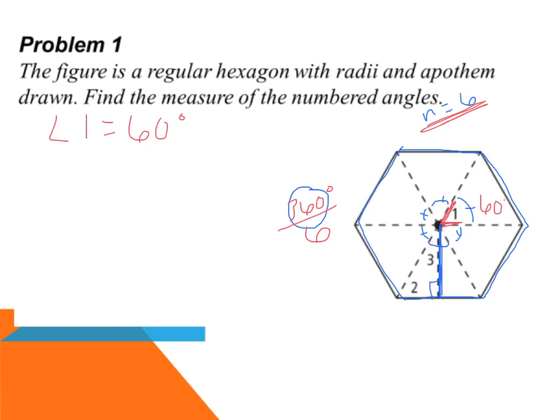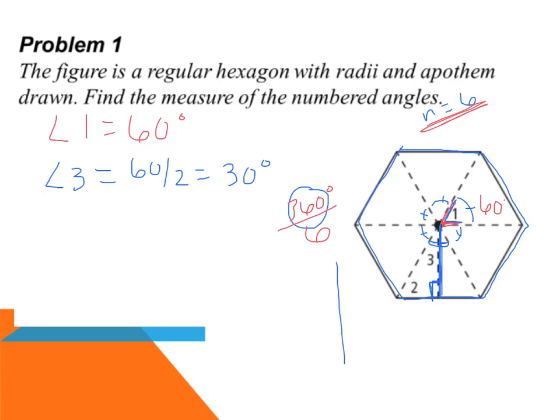That means it's going to create my 90-degree angle. Your apothem will always cut your central angle, like angle 1, or this angle right here, in half. So if I'm looking for angle 3, that's going to be my central angle divided by 2, which is equal to 30 degrees. So I know angle 3 is 30 degrees.